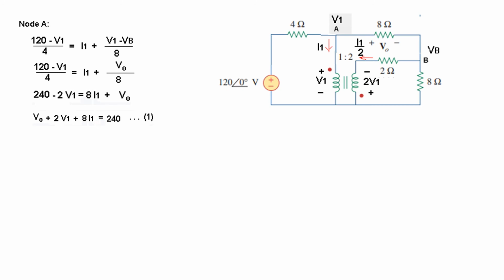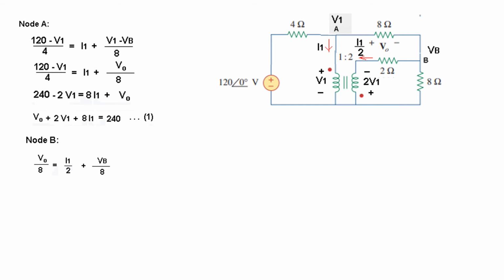Now the second equation at node B. At node B, we have this current coming, which is V0 over 8. Current leaving is I1 over 2. And the third current leaving is VB over 8.